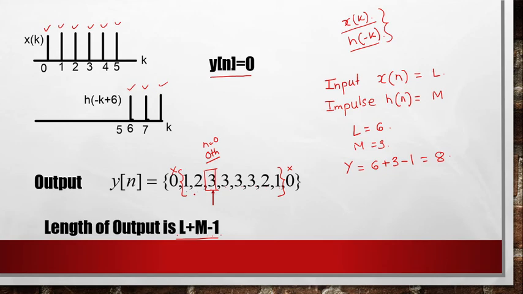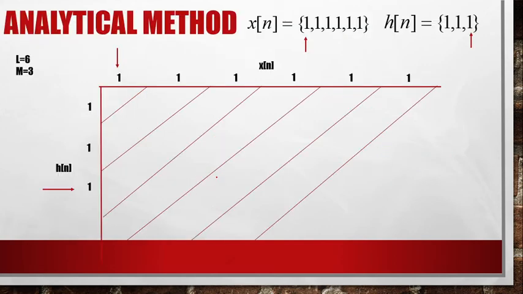Now this process I have just described to make you understand what happens in any convolution, but there is an analytical process which is very easy and will give you this output in a fraction of a second. So I am showing you that analytical method here.